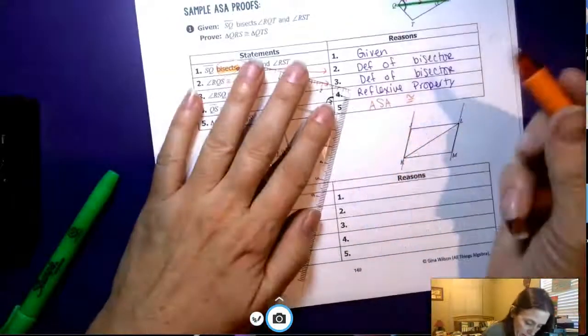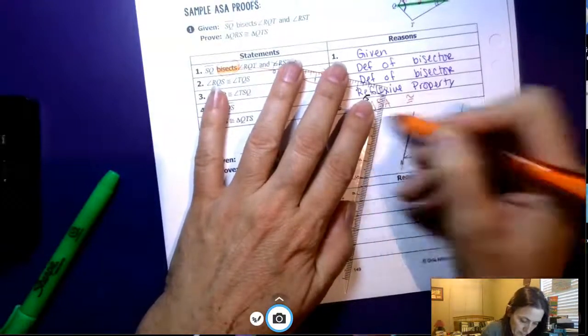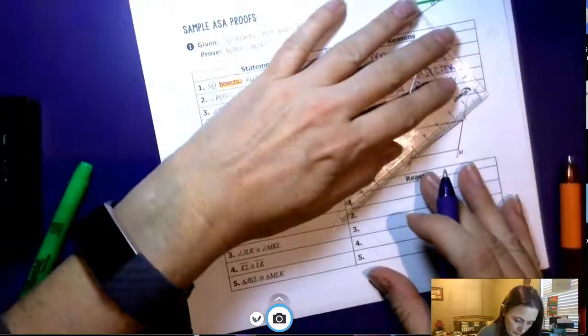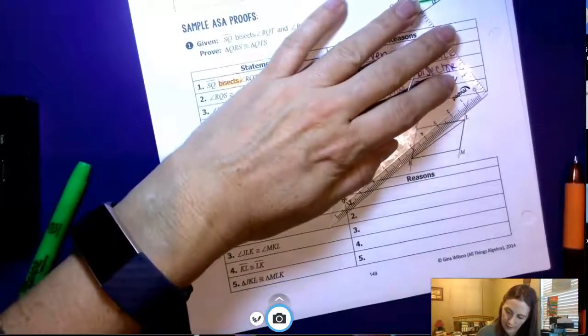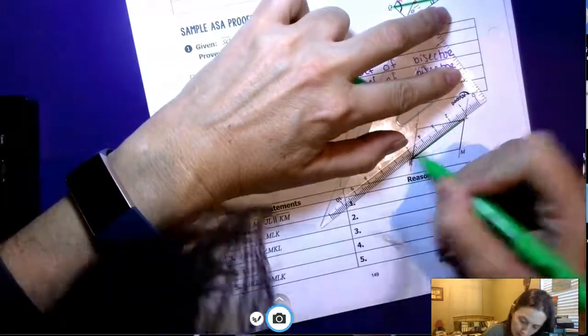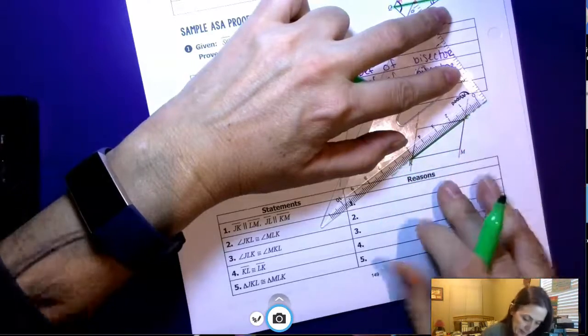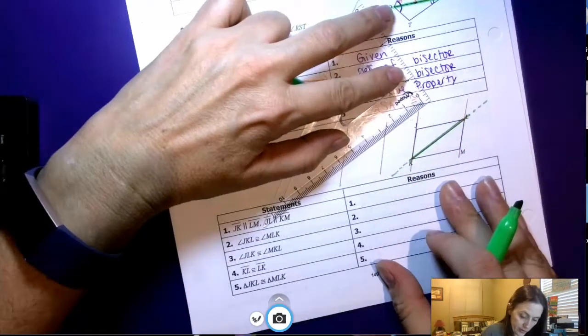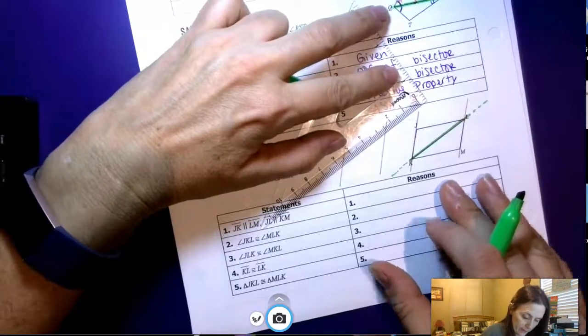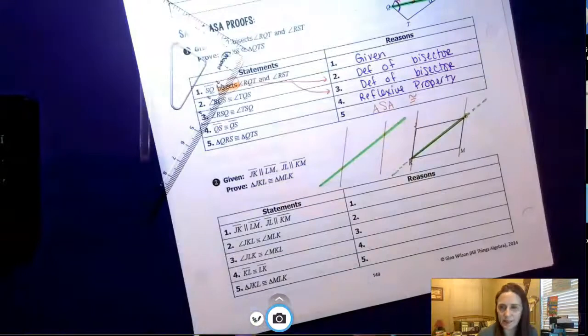I could just redraw it, and I want to look at this line, KL right here. Now if I want to see it continuing on a little bit, I could extend it, or I could just redraw it over here, so I can kind of see it separately.